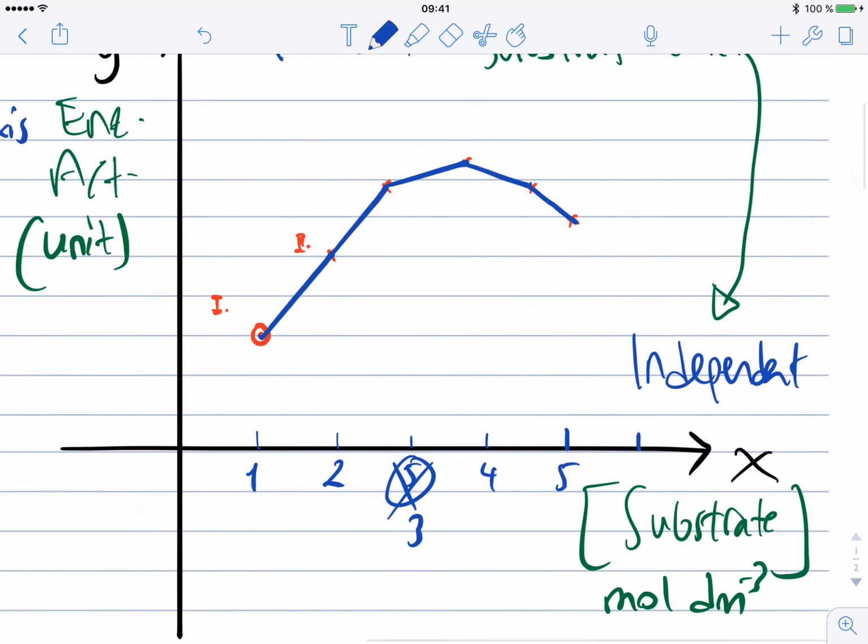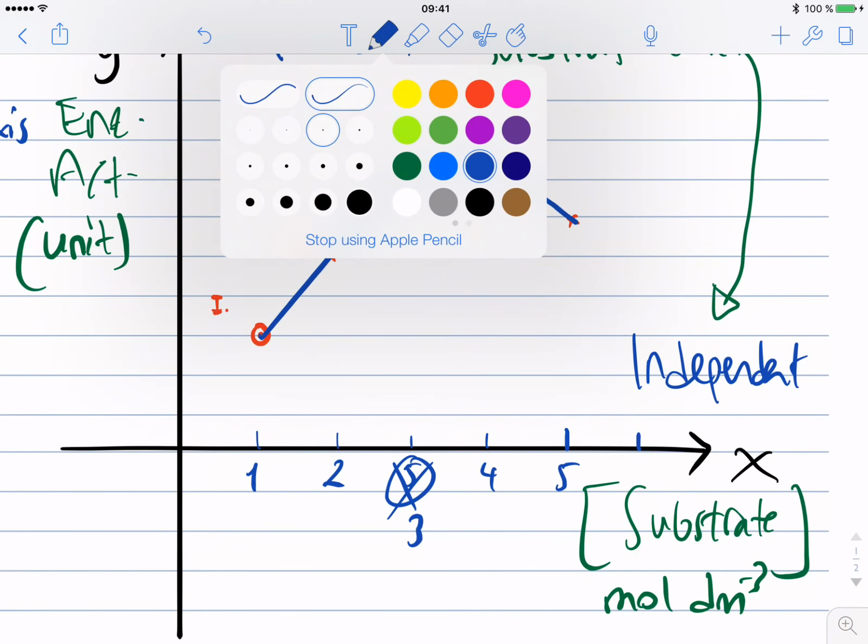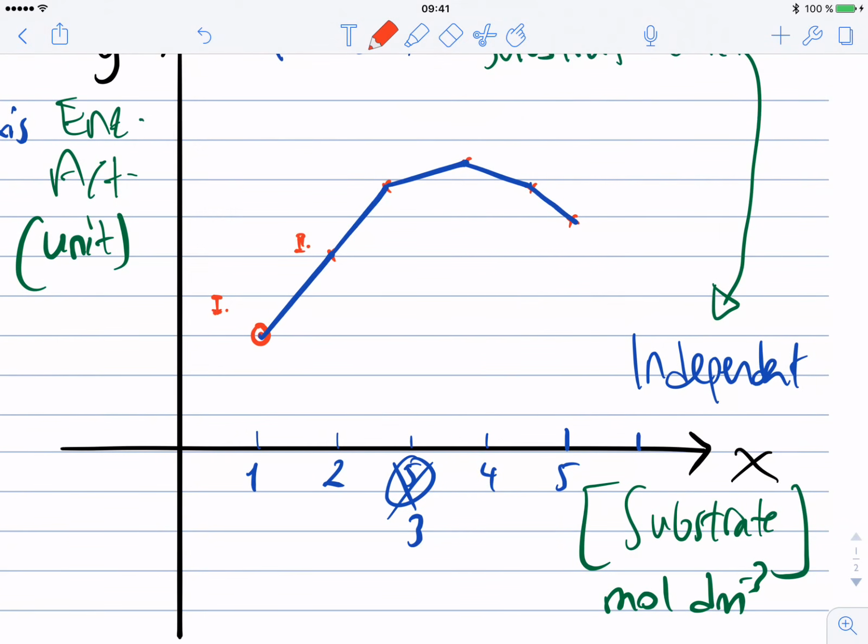Extrapolation means, let me just show it with red color. You don't have this zero data. So if we started from 0, assuming that it starts from there, that is extrapolation. Or in the end, you may just draw it a bit longer. That's also extrapolation. Avoid extrapolation. You will lose points.